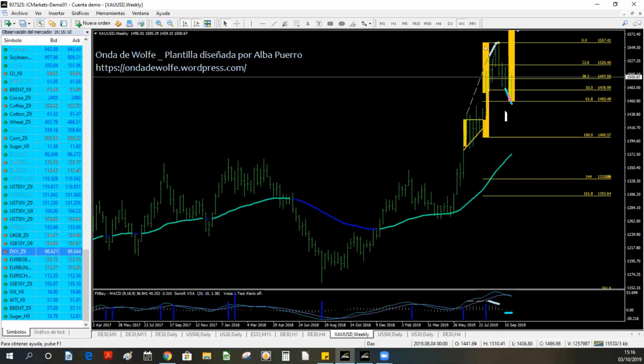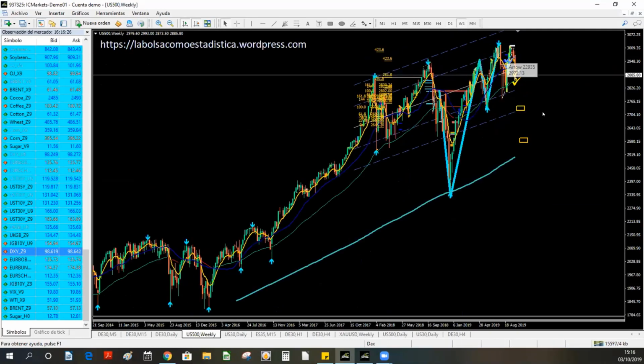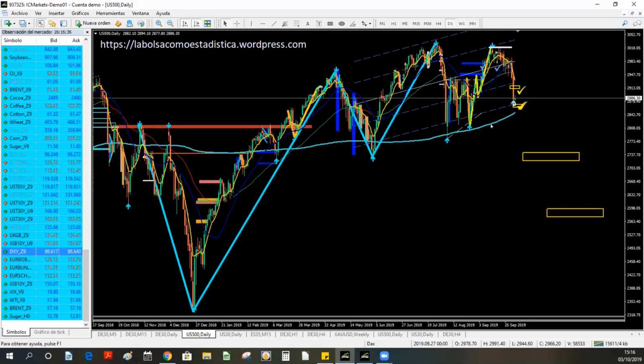The gold people buy weekly gold, and in S&P, for example, in weekly, it hasn't fallen a bit. So I think the movement for the S&P has begun, but it has to break the 200 moving average. That is the key area.